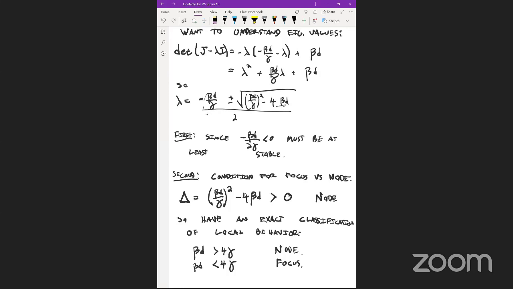But generically, if you hand me a polynomial, it's entirely possible that this term will be larger than the absolute value of this term, in which case you'll get some positive solution and some negative solution, and then you'll have a semi-stable solution.